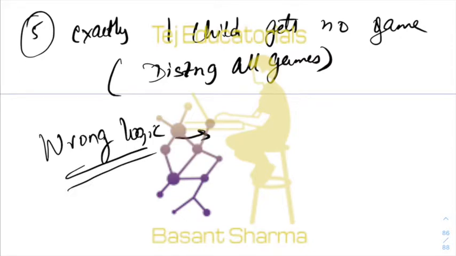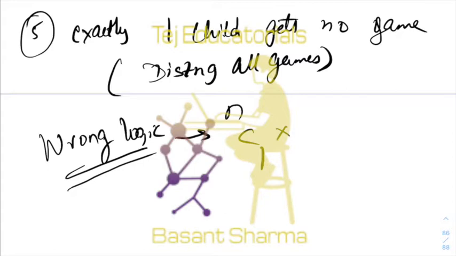That if you say that first of all select a child who gets no game, okay, well and good. Select one child who gets no game, and then remaining n minus 1, then what you say, if you say that we distribute the n games amongst the remaining n minus 1 children without restriction, such that all games are distributed.